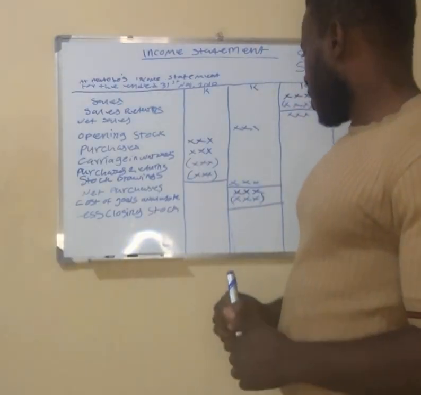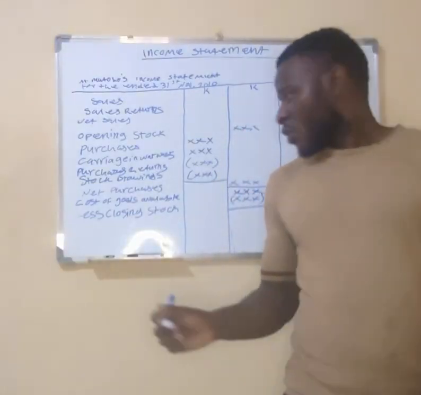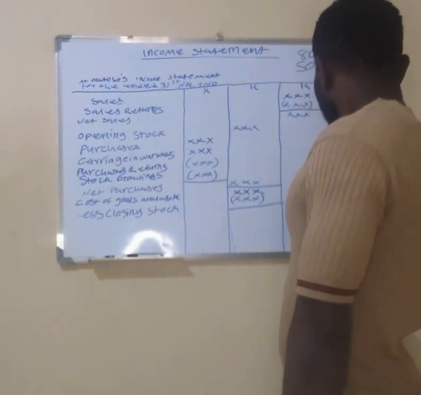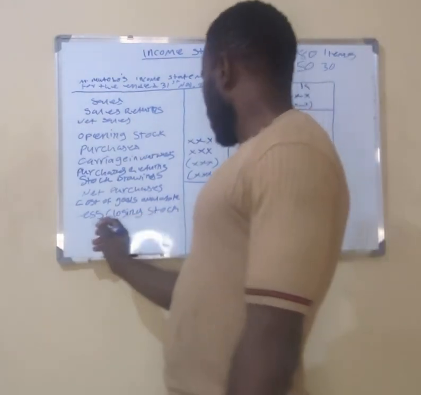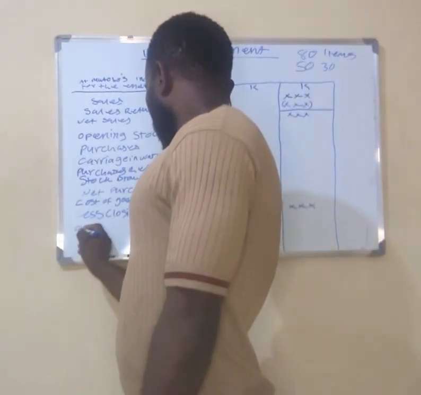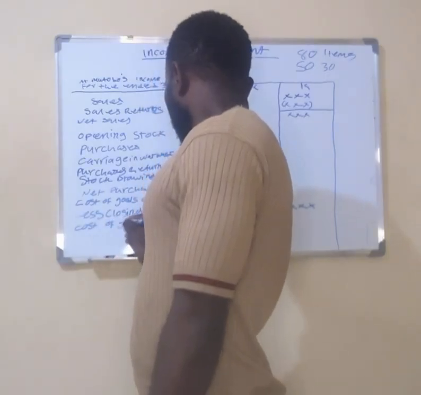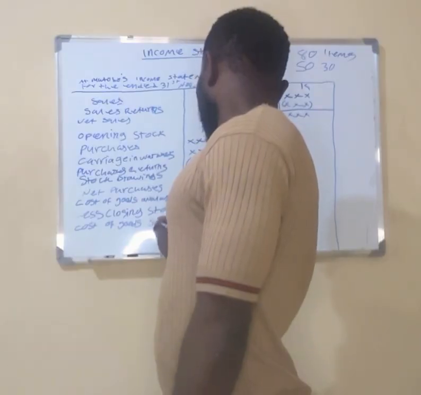You subtract this, and then the figure that you have is the cost of goods sold.